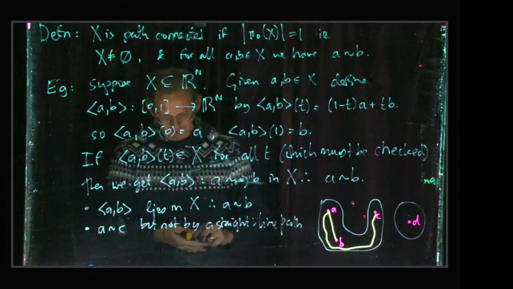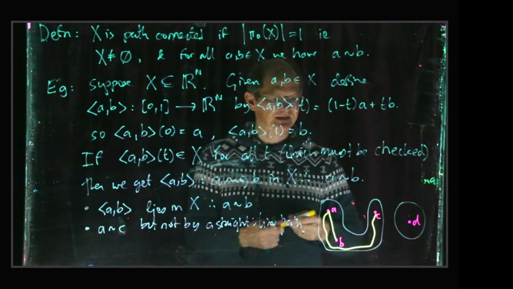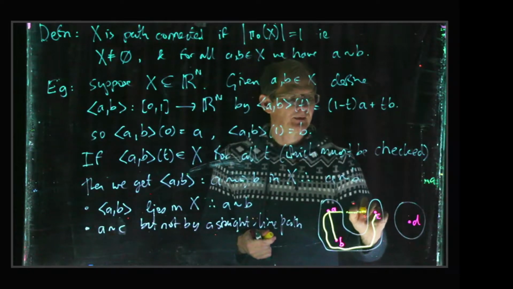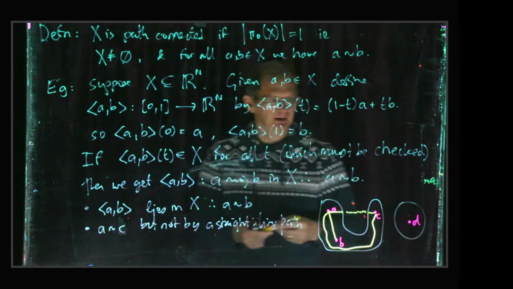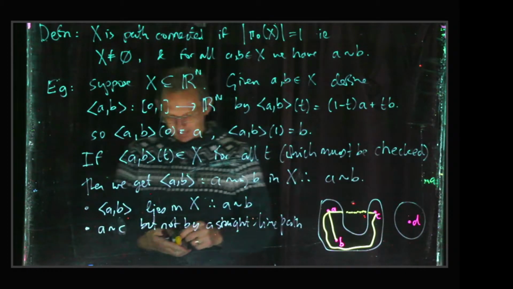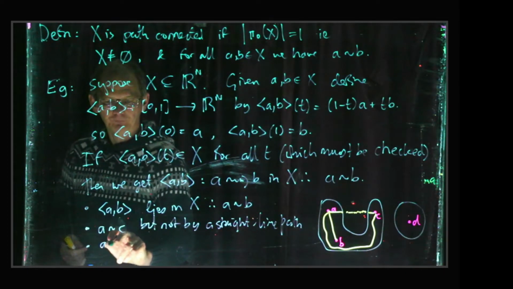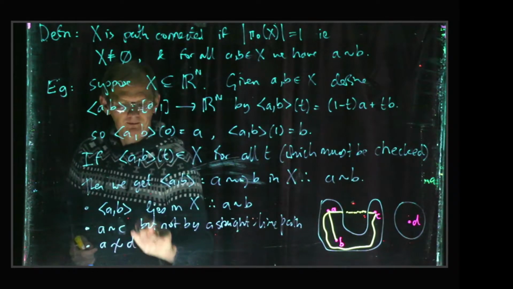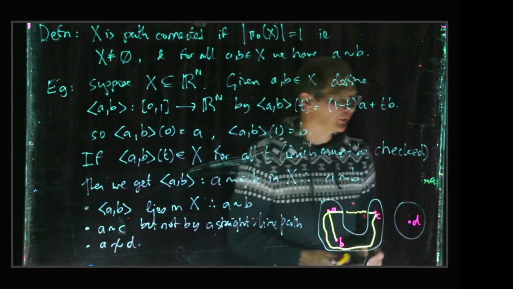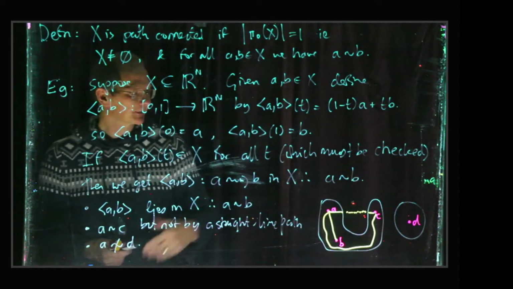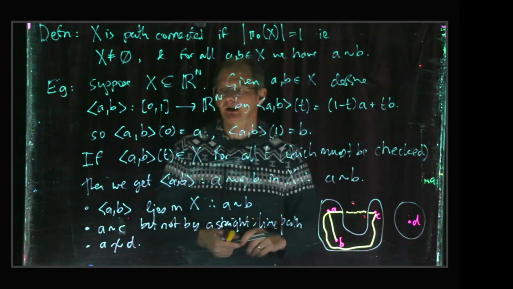We could try the straight line path from A to C, but then we go outside the space X. And A just isn't related to D at all. There's no path, straight line or not, from A to D. So sometimes we can use straight line paths, sometimes we can't.